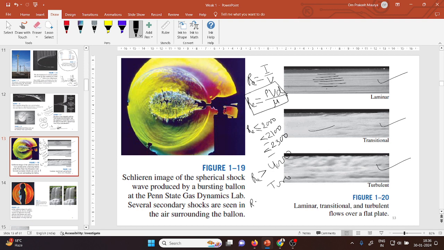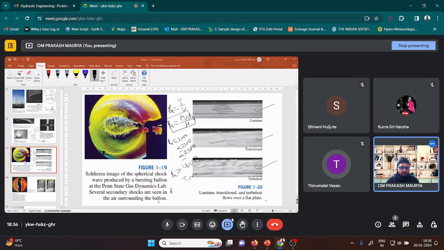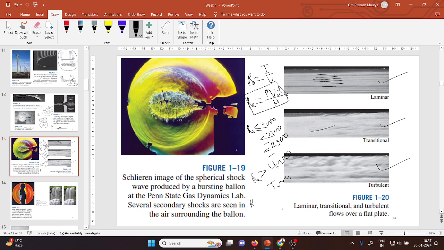Reynolds number is inertia force by viscous force. For increasing the Reynolds number, what will you do? Let's suppose your value is 2000, but you want to increase your Reynolds number.